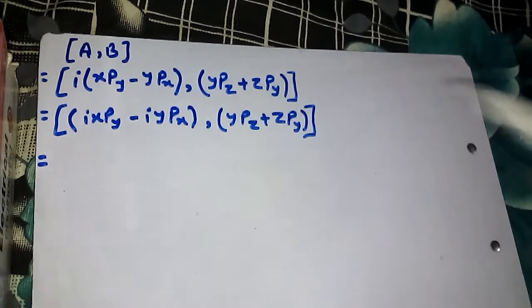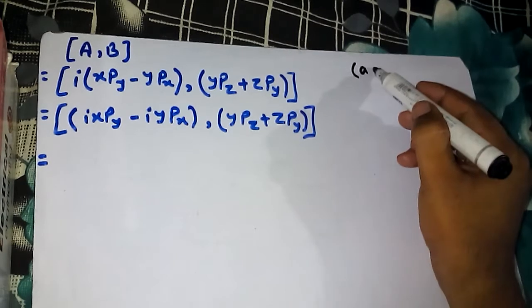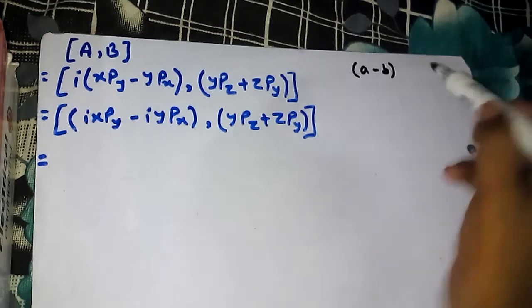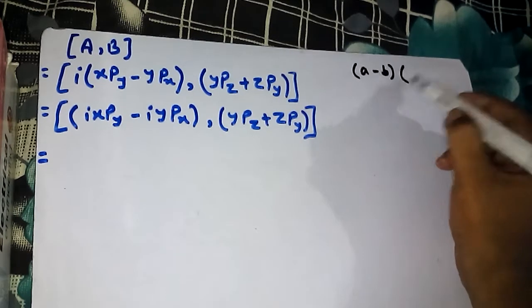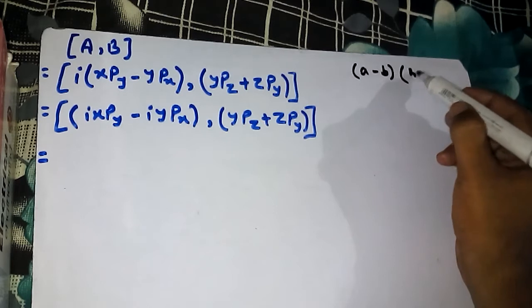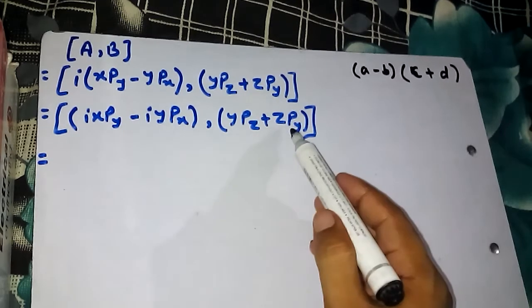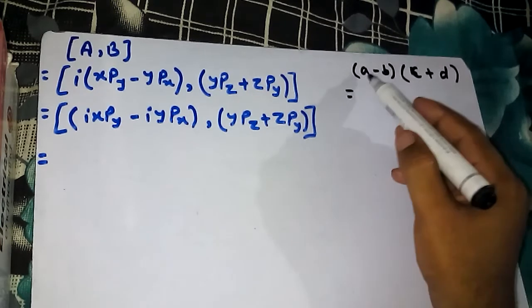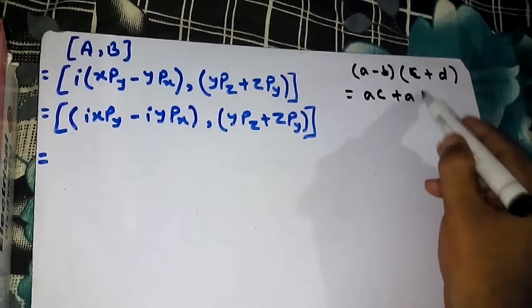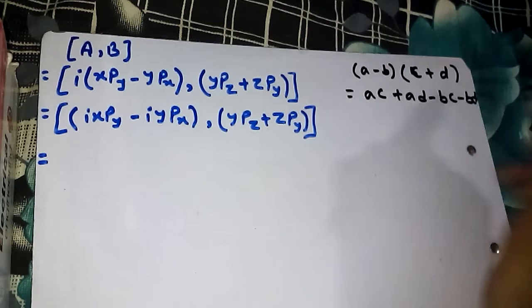The distribution is as follows: if we have A minus B multiplied by C plus D, then this can be distributed as AC plus AD minus BC minus BD.